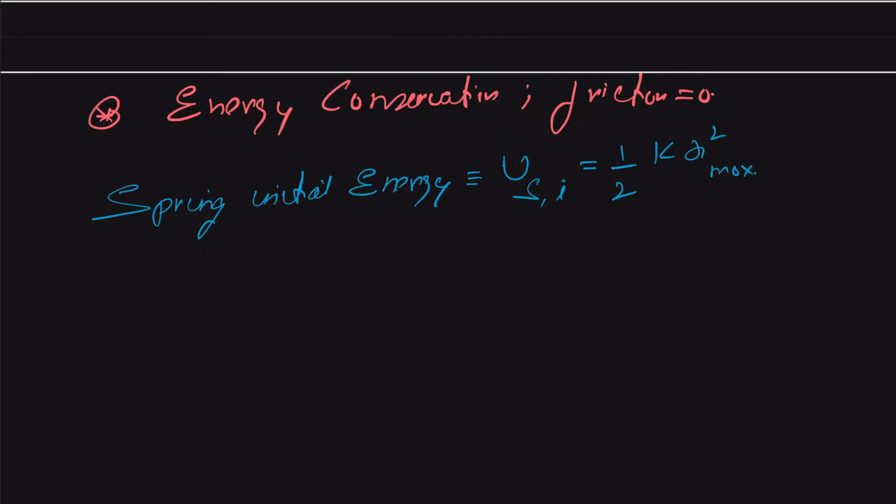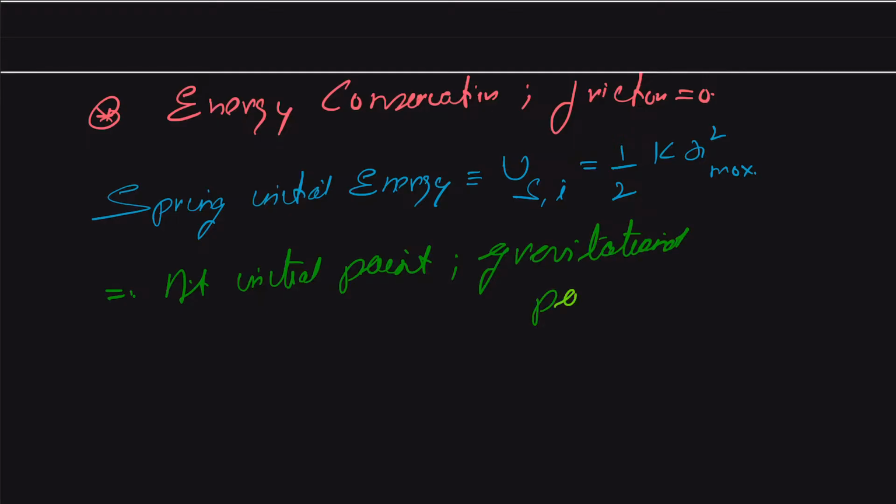So at the initial point we assume that our gravitational potential is equal to 0.